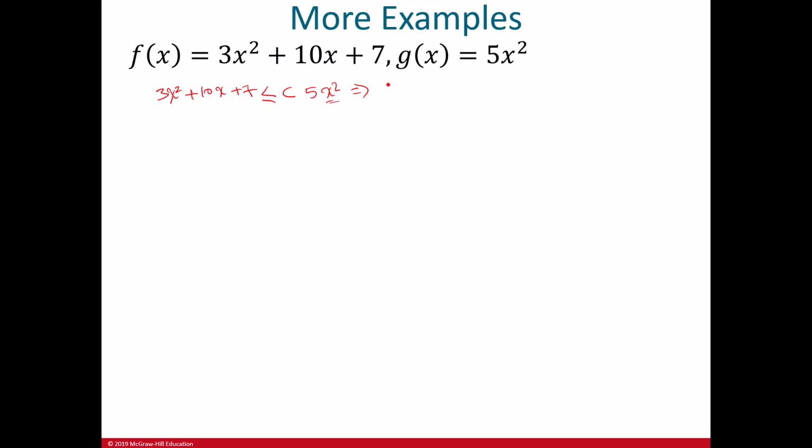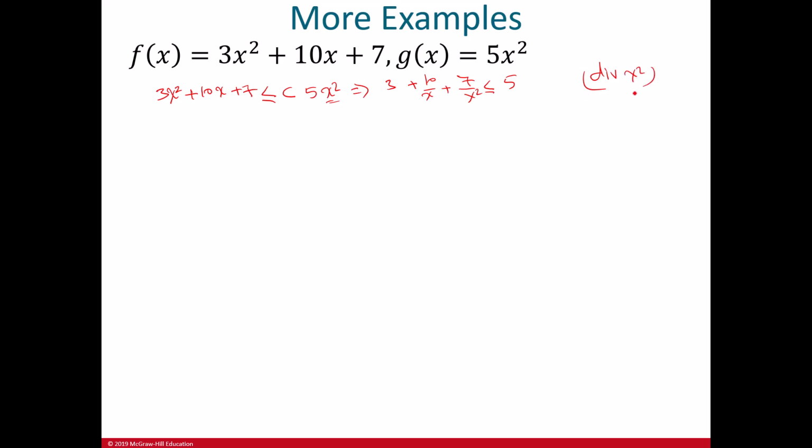When we do that, I end up with just 3 plus 10 over x plus 7 over x^2 less than or equal to C. The reason for this is I divided by x^2.